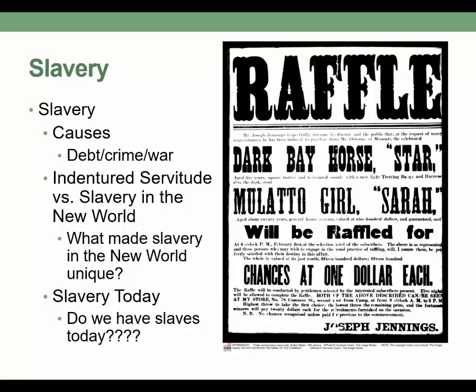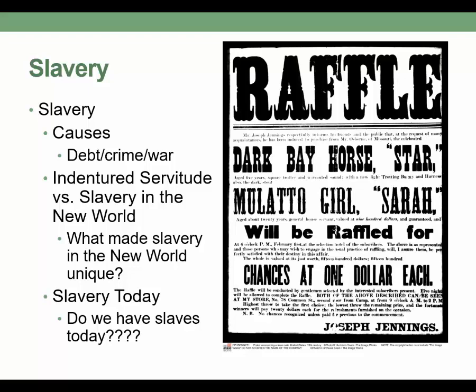People who had committed crimes in Europe, people who had been put in debtor's prison, or just people who really wanted to start over in the New World but did not have the money, entered into this country as indentured servants, meaning that they agreed to work and not collect wages for an agreed upon amount of time. And then when that amount of time had passed, they would be free to live and work and earn money as any citizen.